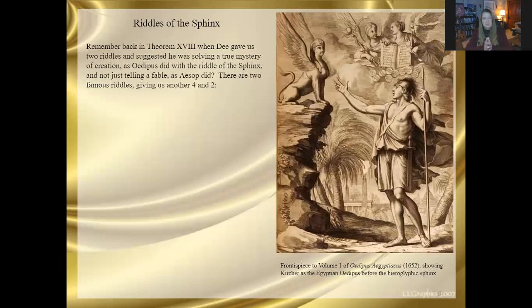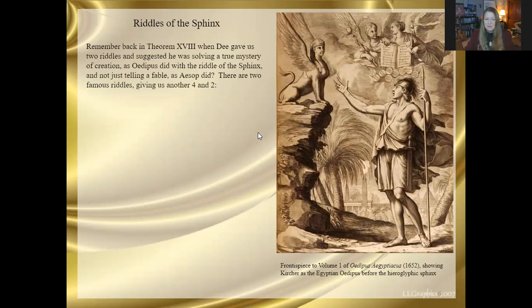Now, there's something else that Dee is doing here, and I want to just up front thank Darcy Coons for input about this, because this was something that I never really realized until he gave me some tips on it. Let's talk about the riddle of the Sphinx and these 2 orders of the moon.